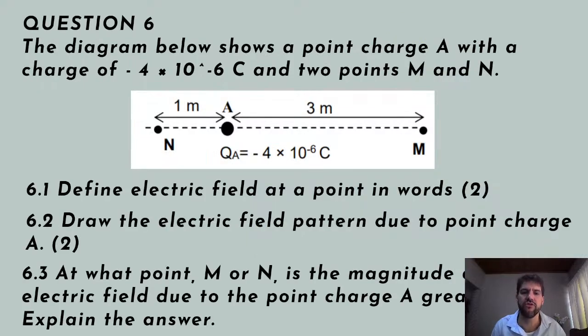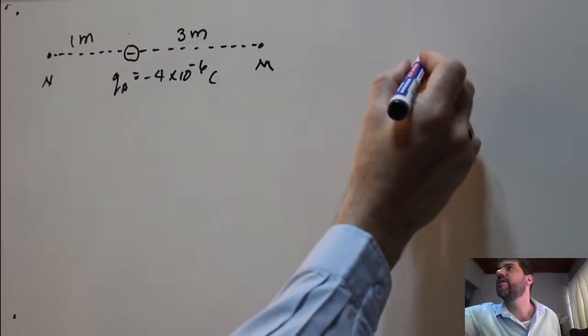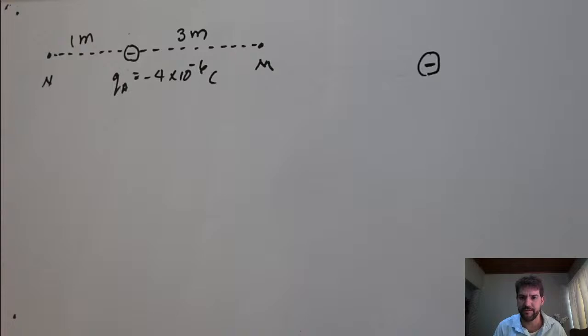The next question said, draw the electric field pattern due to the point charge A. So it's only for A, because A is the only point here. All right, so I draw this one here. I hope you can see properly here. We're going to have on this point the charge. Remember, we're drawing only for A, and it's a negative charge.